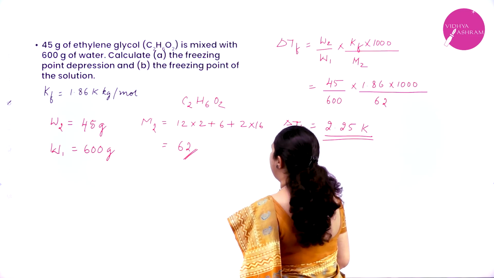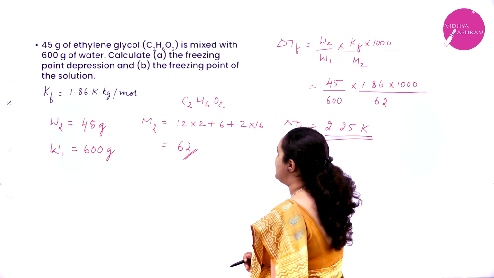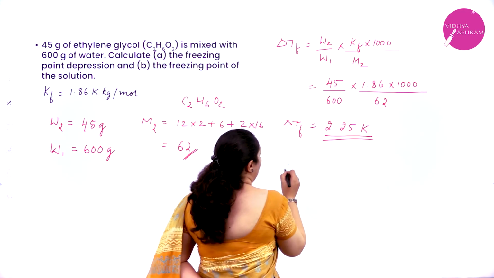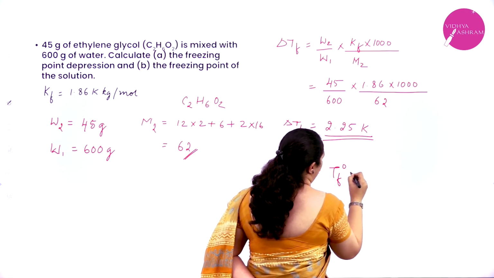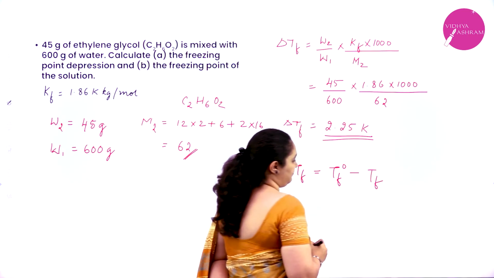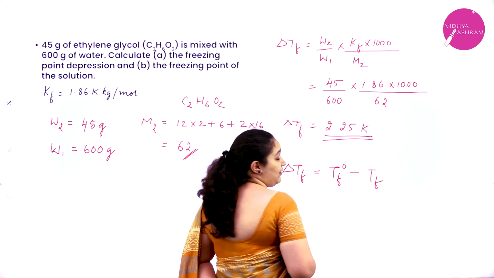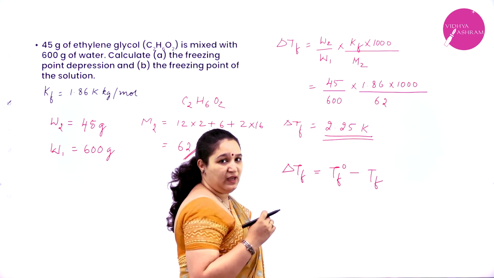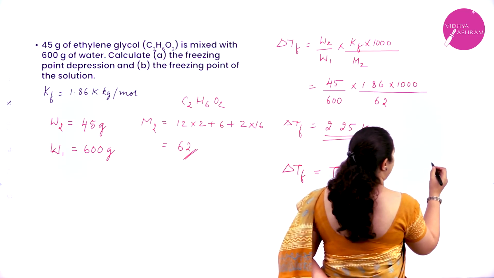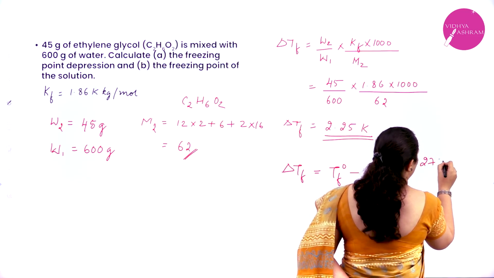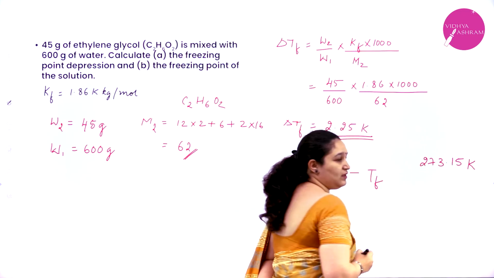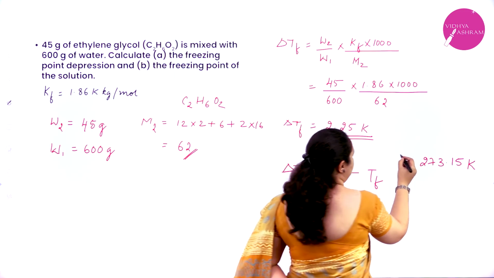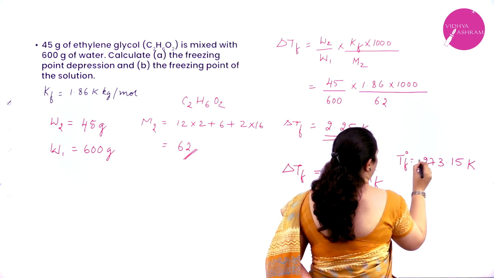Now, the first part of the question we got. The next is the freezing point of the solution. Now, delta TF is equal to TF naught minus TF. What is the freezing point of water? It is 273.15, that is 0 degrees Celsius. Do you all agree? So this is TF naught.